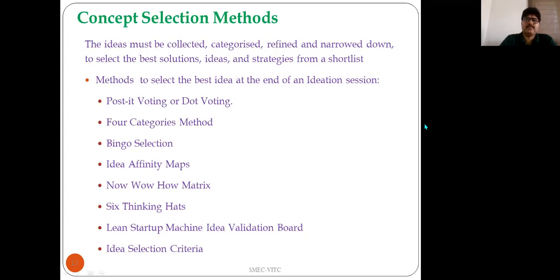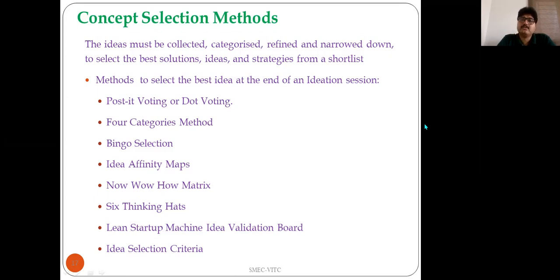The approaches followed across industries as benchmark practices include post-it voting or dot voting, the four categories method, bingo selection, idea affinity maps, now-wow-how diagrams, the six thinking hats approach, lean startup mission, idea validation board, and idea selection criteria.